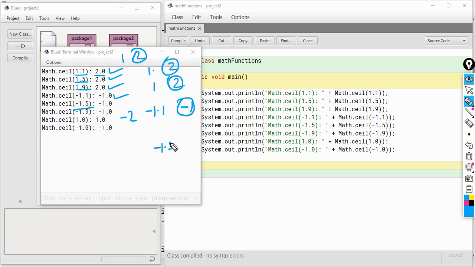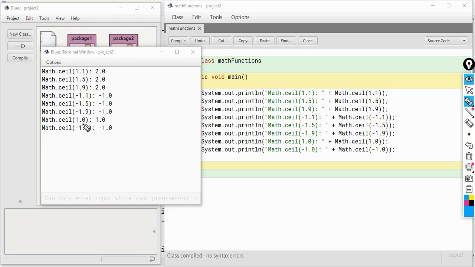Minus 1.5 comes between minus 1 and minus 2. Bigger number is minus 1. So the answer will be minus 1.0. Similarly, minus 1.9 also comes between minus 2 and minus 1. So the bigger number is minus 1, and the answer is minus 1.0.